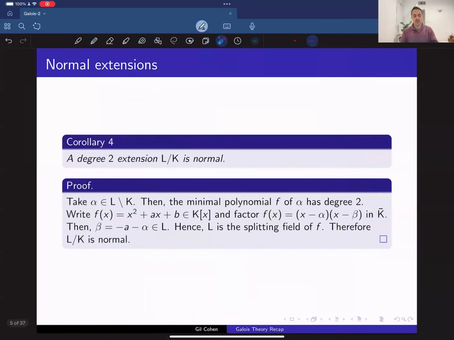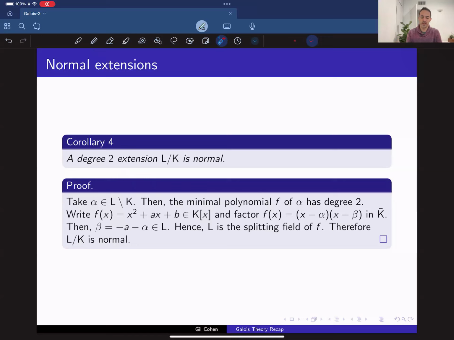And for example, as a corollary, we know that a degree 2 extension is always normal. From 3 onwards, it doesn't work, but a degree 2 extension is always normal. And the reason is as follows. You can take any alpha that you want, which is in L and not in K, and consider its minimal polynomial.